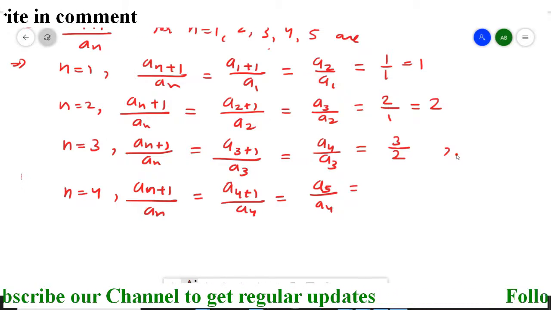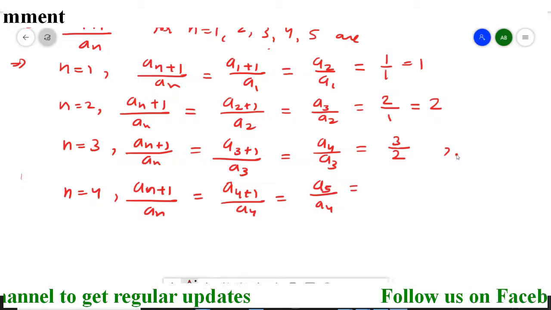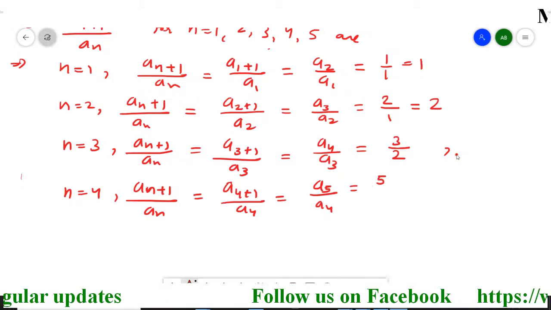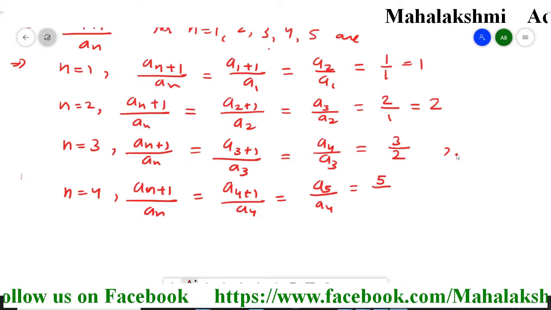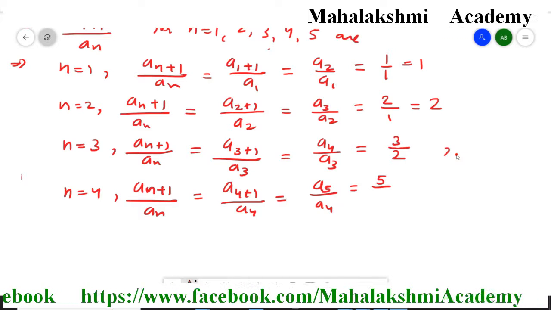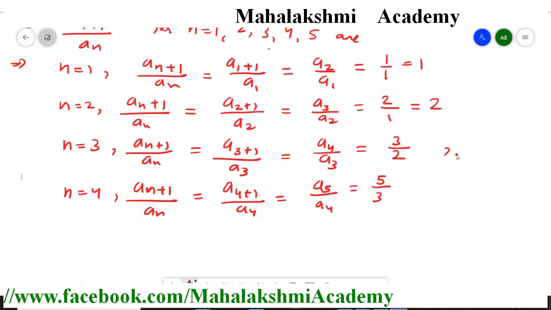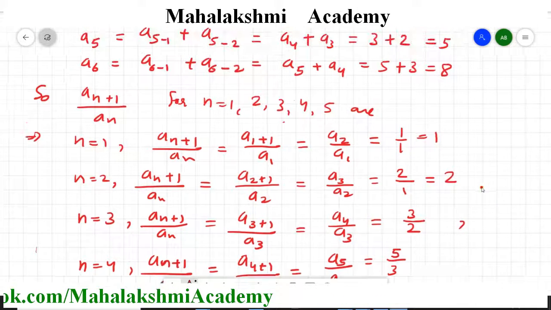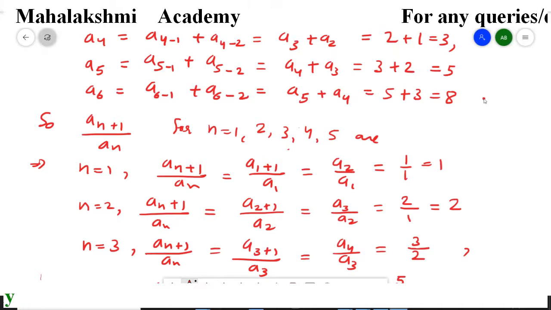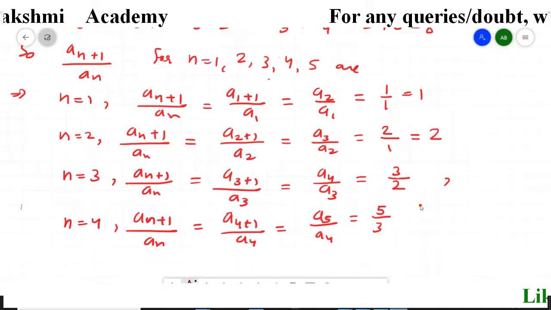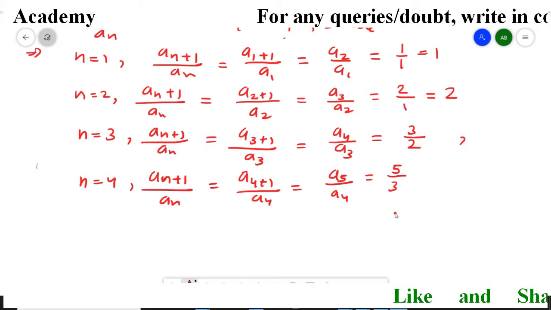Now a5 is 5, which we calculated above, you can see it, and a4 is 3. Once we check it, we see here a5 is 5 and a4 is 3. So that's why we replaced here by 5 and 3.